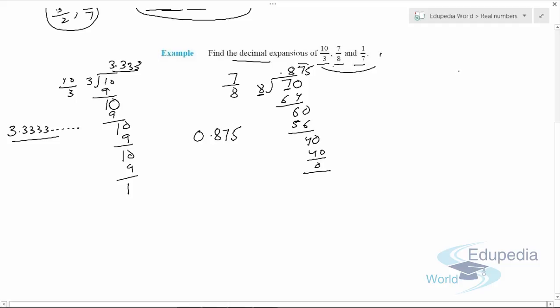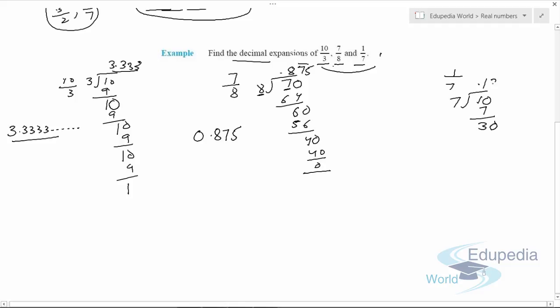Now another number is 1 upon 7. So we'll divide 1 by 7. We put a decimal over here, 0 over here. It will come 7 ones are 7, 3, then again 0.